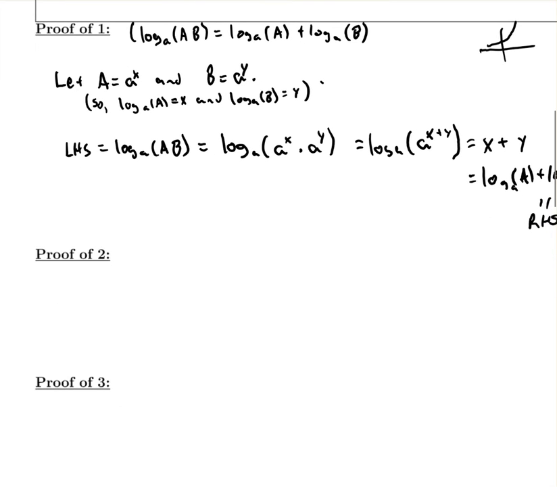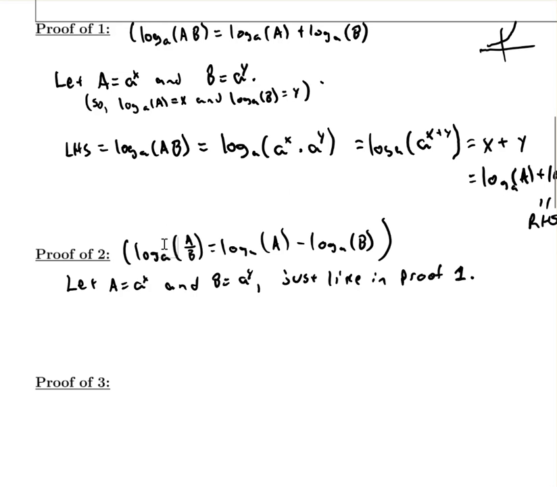And we can do a similar trick for our second law, the subtraction law. So we're going to let big A be little a to some power and big B be little a to some power. And we can do this for the exact same reason as we did in proof 1. Then I have the following if I start on the left-hand side of my equation. I make my substitution.